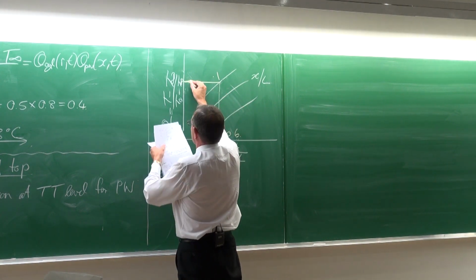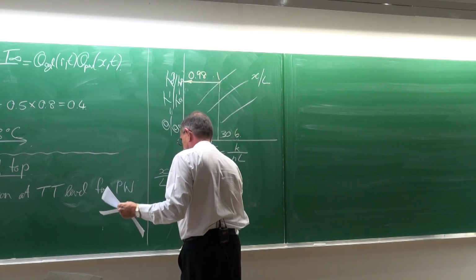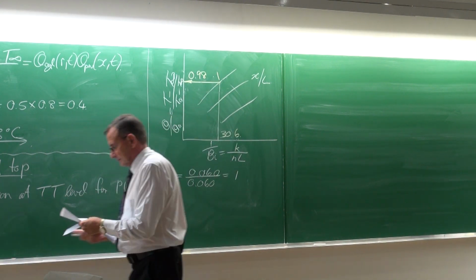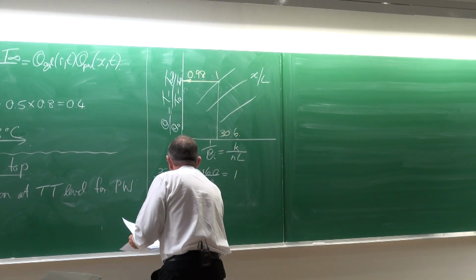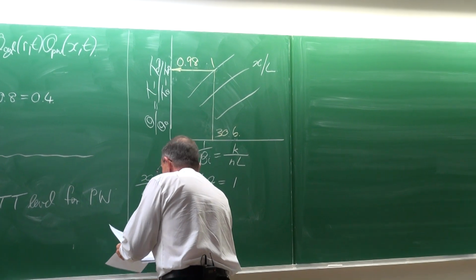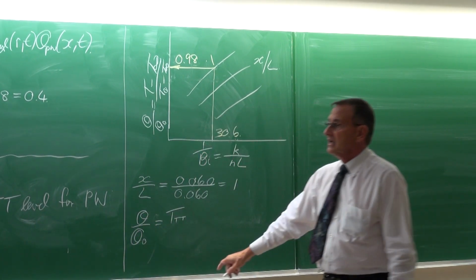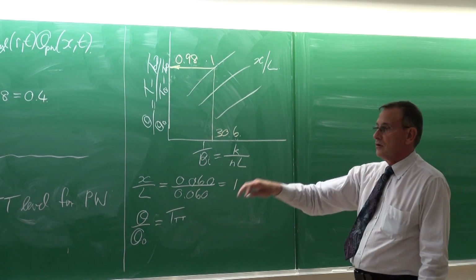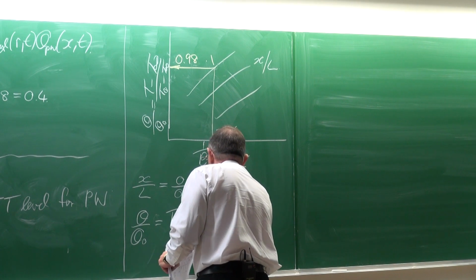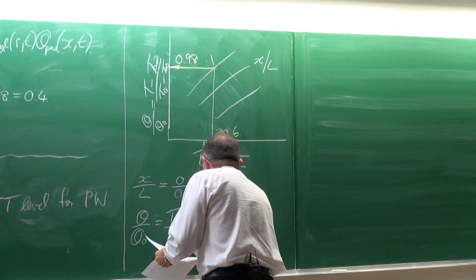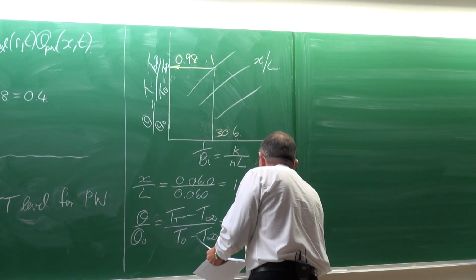And the solution there is going to be 0.98. Therefore it means that the temperature at TT, that plane there, minus T infinite divided by T0 minus T infinite is equal to 0.98.